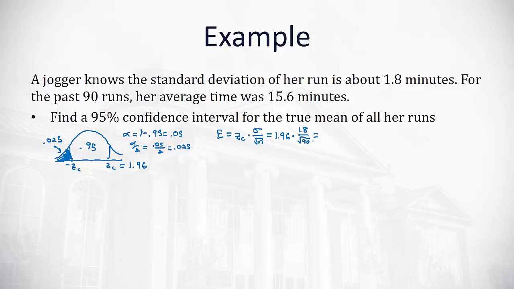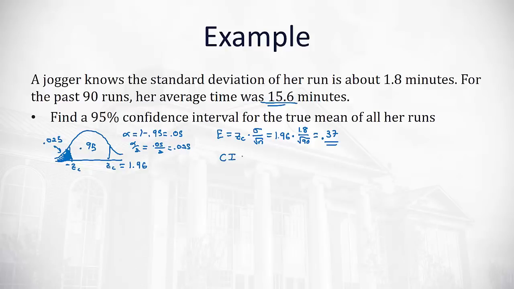And so we can do that on our calculator. 1.96 times 1.8 divided by the square root of 90 gives us an error of 0.37. Let's round to 2 decimal digits. So that means our average time of 15.6 is off by up to 0.37.